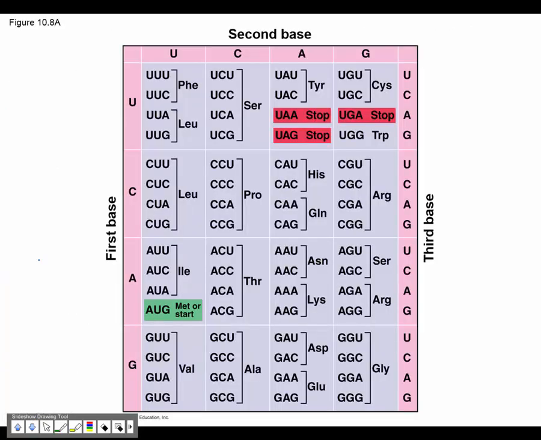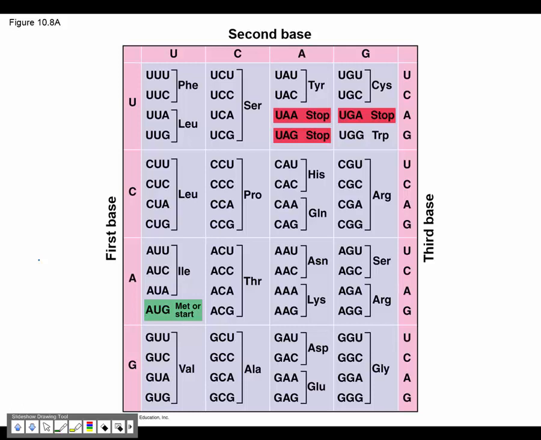And so here you go. Here's the code. Each one of those, if you look at the left, there's U, C, A, and G. We're not T, C, A, and G because we're talking about RNA. Right? And so if the first one on the left is a U, and then the middle one, if you look on the top, U, C, A, and G is a U, and then on the right, it's U, C, A, and G. So you can kind of follow your codons.